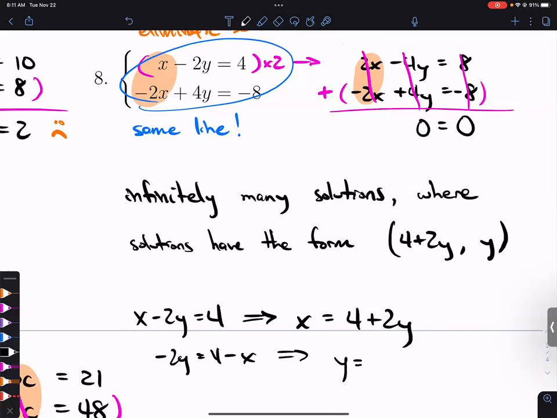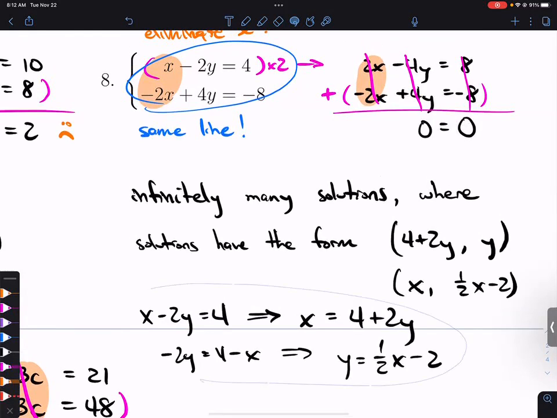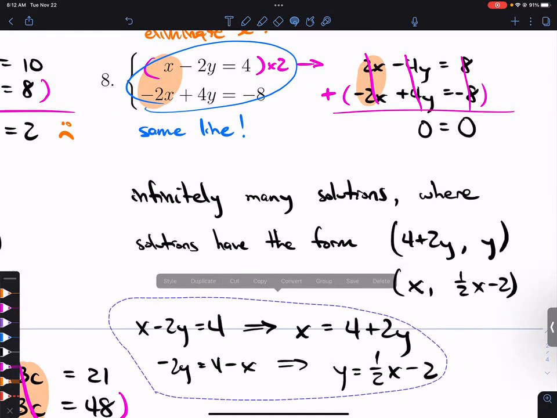So y is positive 1/2 x minus 2. So you could write the solutions as x comma 1/2 x minus 2. Like either of those would be fine. Those are equivalent things. Basically, all that we're trying to do is show how you find a solution, right?